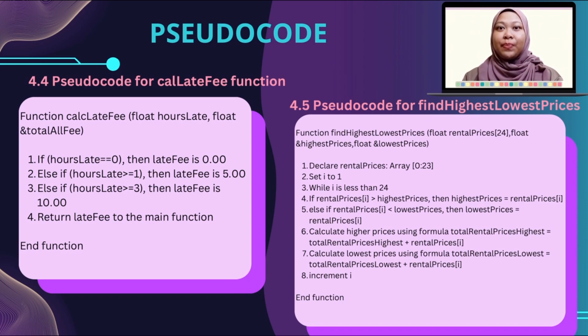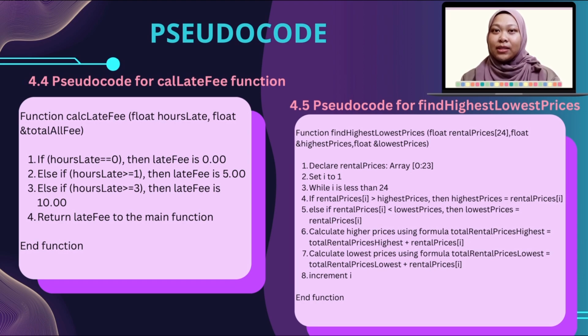4.5 pseudocode for find highest lowest prices function. Find highest lowest prices with parameters float rental prices array 24, float highest prices and float lowest prices. First, declare rental price as array with index 0 to 23, then set I to 1. While I is less than 24, if rental prices array more than highest prices, then highest prices is equal to rental prices. Else, if rental prices less than lowest prices, then lowest prices is equal to rental prices.